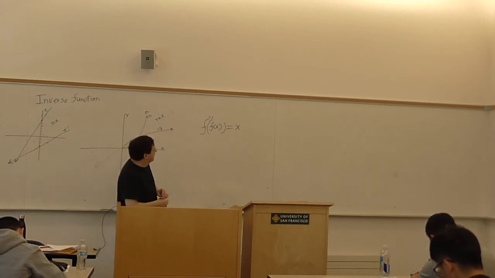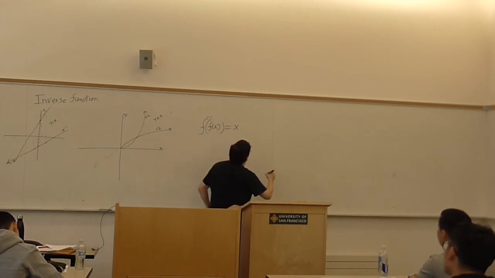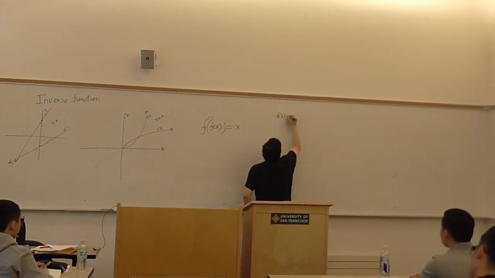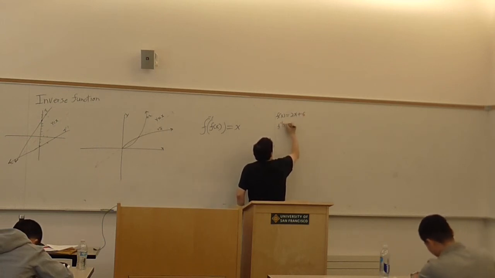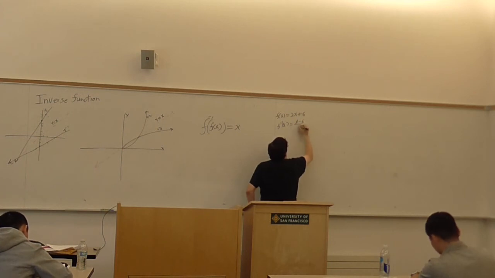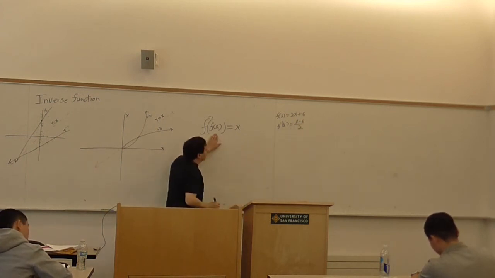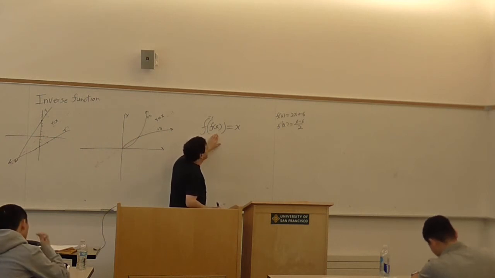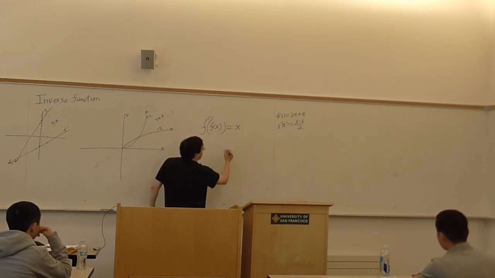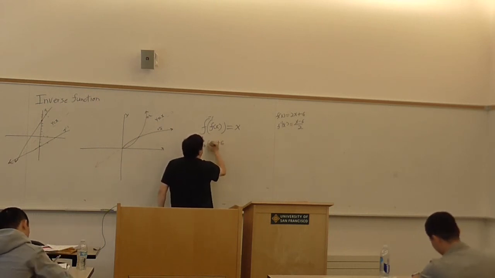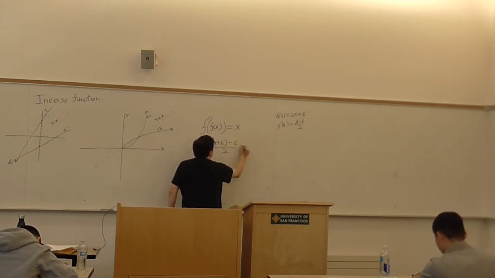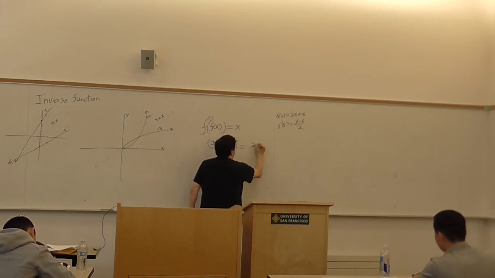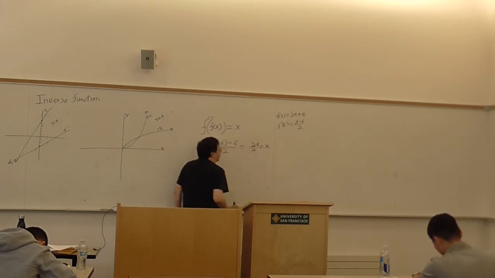So, when we were talking about f of x equals 2x plus 6, and f inverse of x is x minus 6 over 2, let me check that out. I plug 2x plus 6, that's my f of x, into f inverse, minus 6 over 2. Well, that's just 2x over 2 equals x. Okay, we expected that.